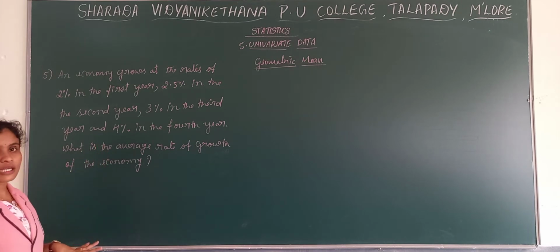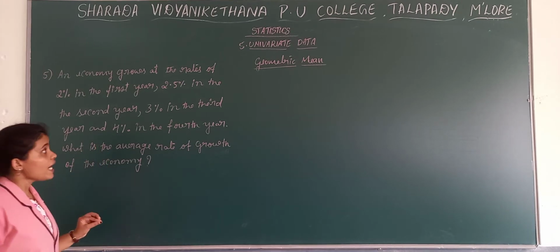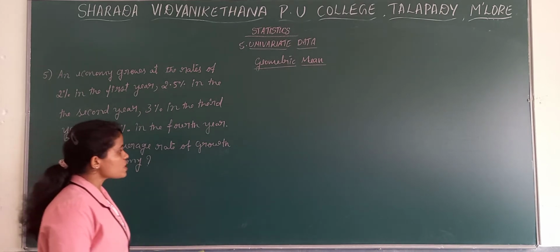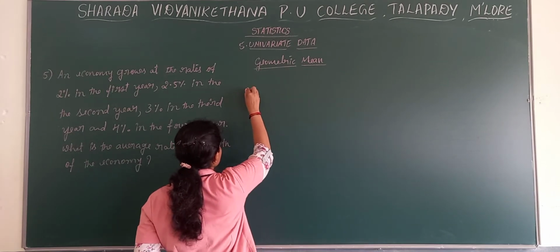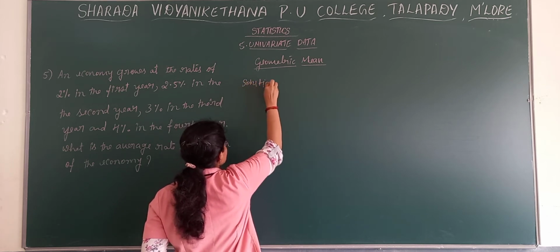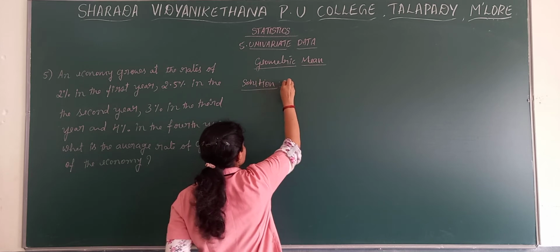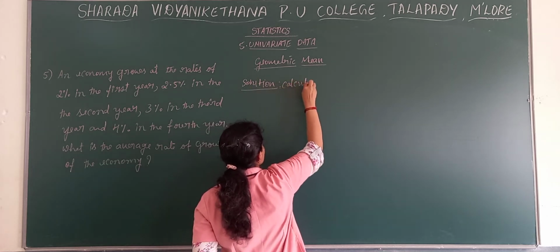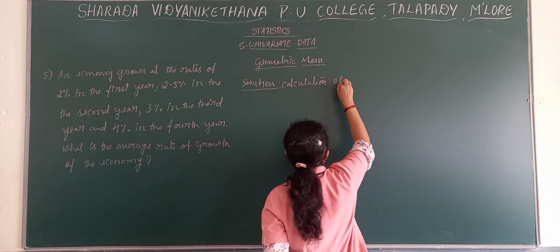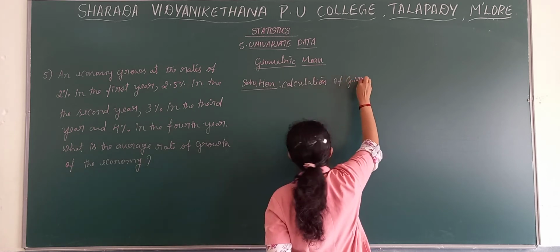Here they are speaking about the growth rate of the economy, and they have given the values in percentage. Now the percentage will take the solution as calculation of geometric mean.